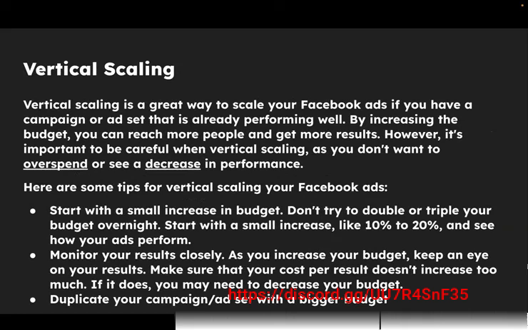I would increase it between 10 to 20% and see how my ads perform. If my ads underperform, I'm just gonna reduce the budget again. So I consistently play with the budgets. If my ads perform very well, I increase the budget by 20%. If they don't perform, I reduce my budget.